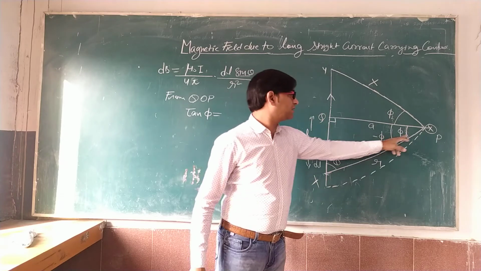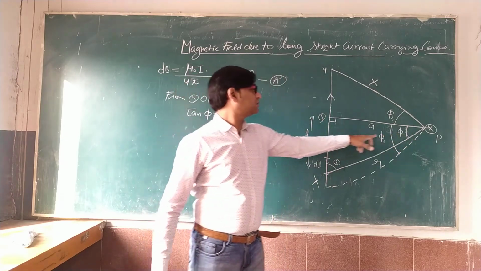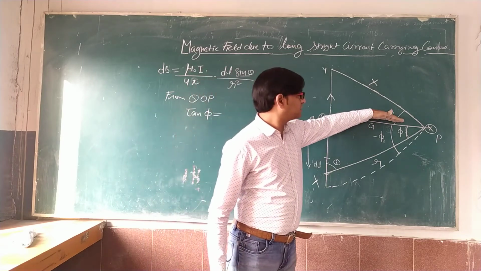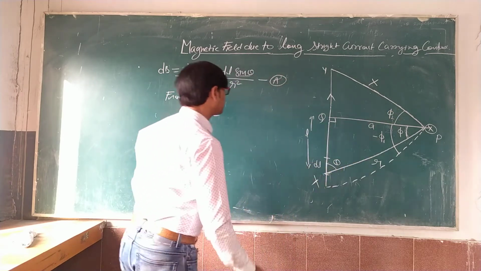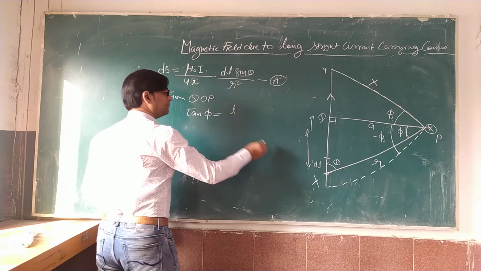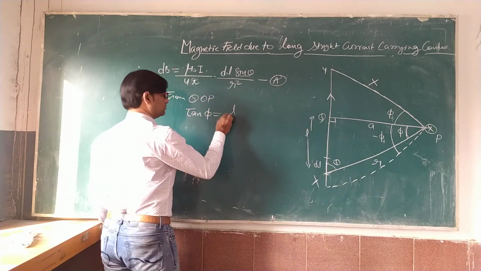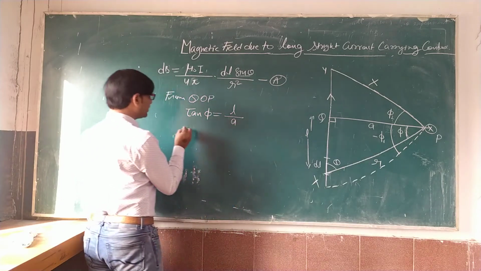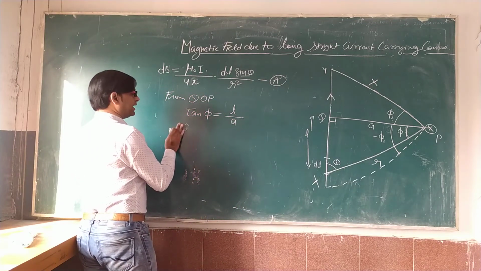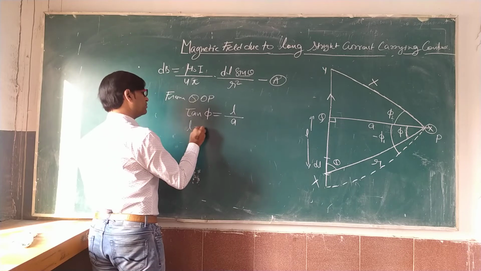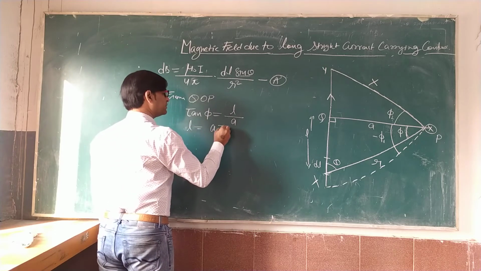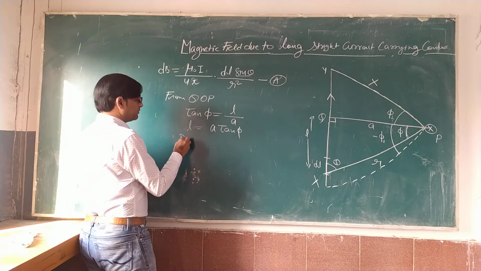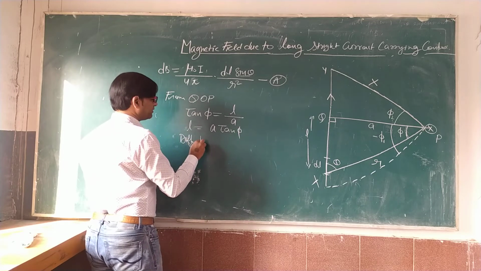This is the perpendicular, this is base, this is hypotenuse. So the perpendicular is L, and the base is A. So L is equal to A tan phi.